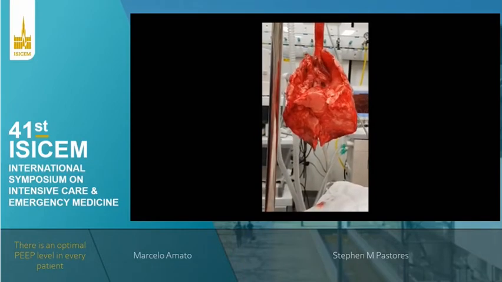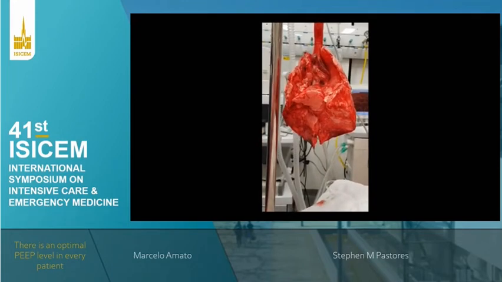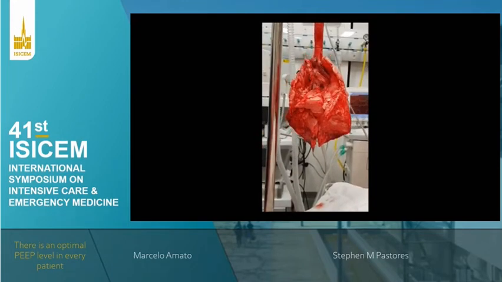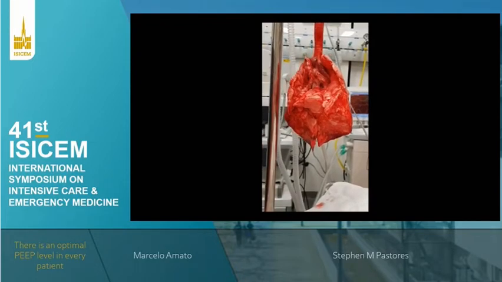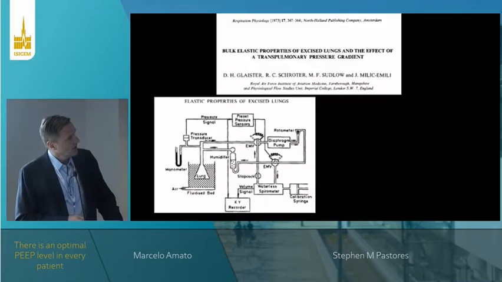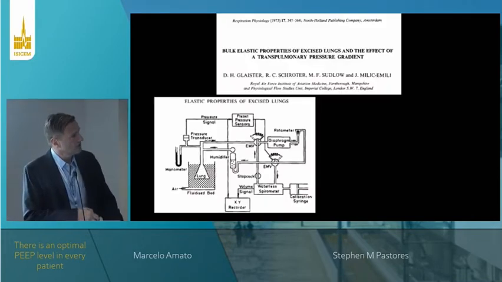So we just take out the lung from an animal, and the animal obviously is dead, and we ventilate, and we try to understand how much pressure we need to best ventilate this lung. And I took some guidance from old physiological studies.